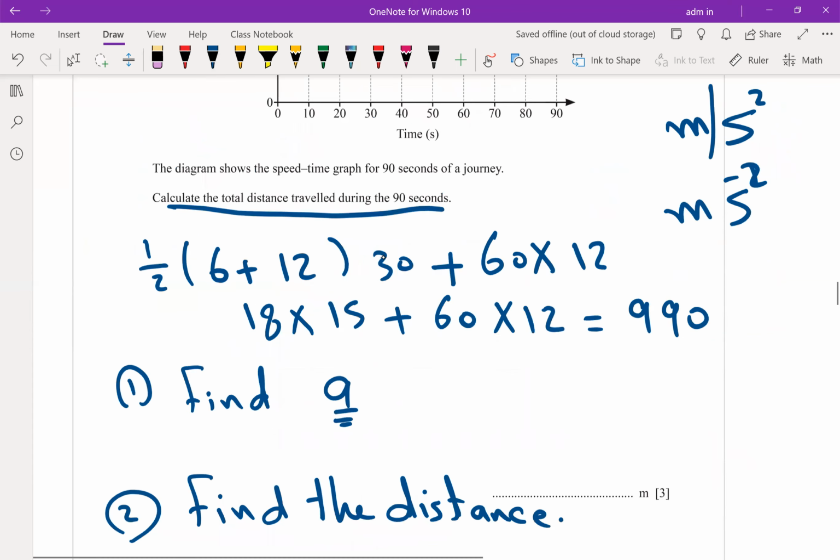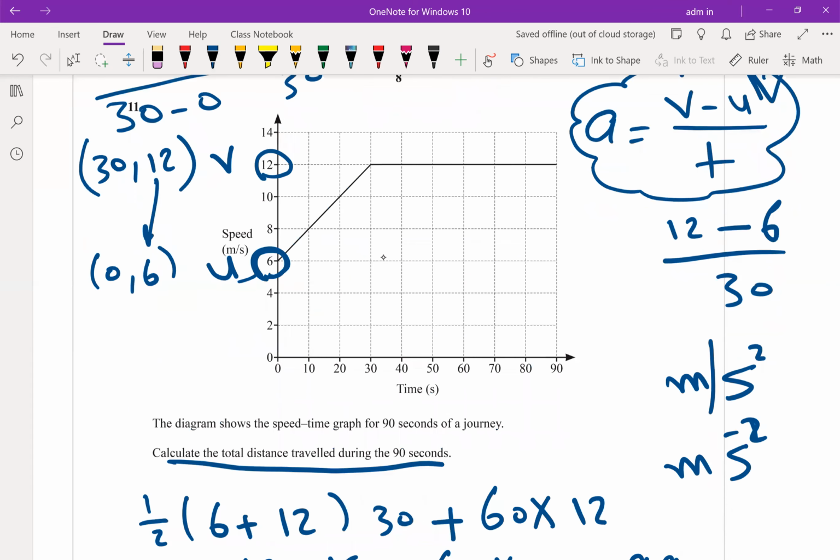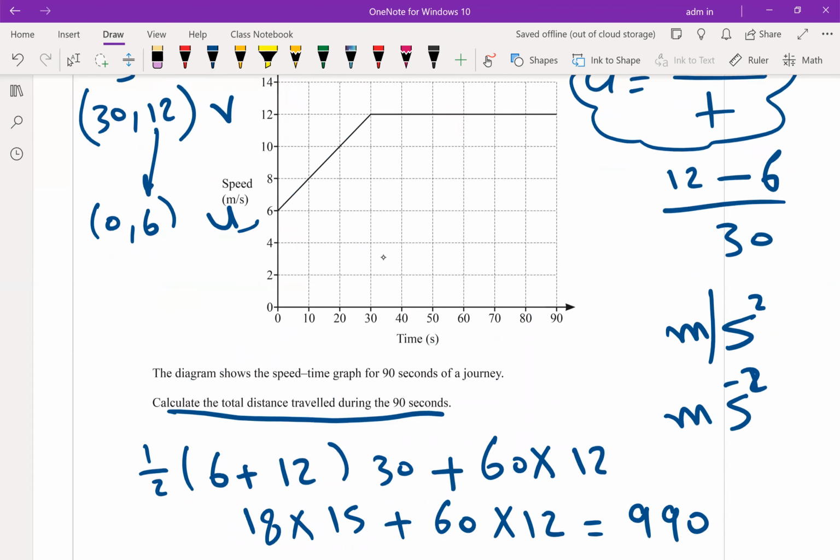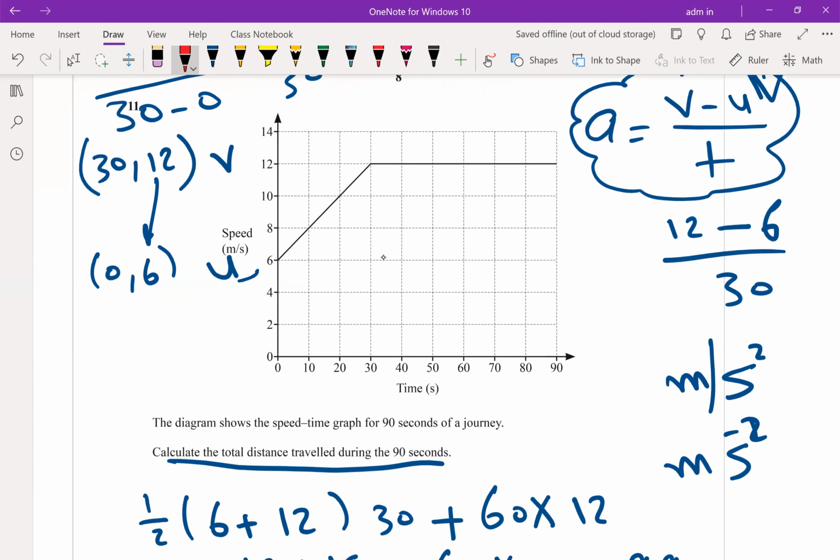Question number 2. Find the distance. You have to find the area under the curve and the x-axis. I found the area by splitting into a trapezium and a rectangle. I will repeat it again, but this time I will find the area of the rectangle minus the area of the triangle.